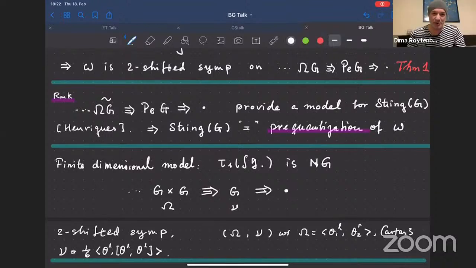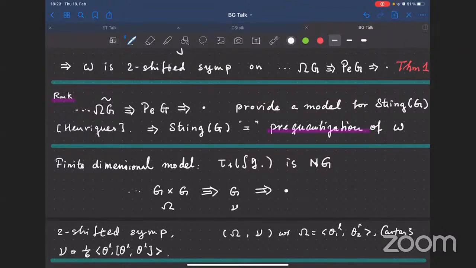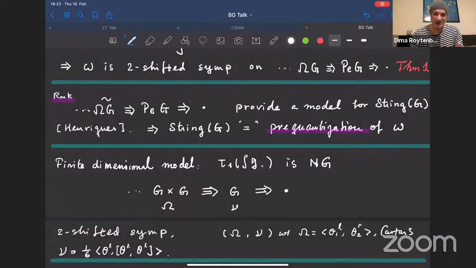And Chris Schommer-Pries constructed a finite dimensional model of the string group G. By also constructing a hypercover of the nerve of G and then building a central extension of that. Except that his hypercover was finite dimensional, and it used this cover, like in the usual sense, of the group G. I think it's the one that Eckhart had constructed earlier.